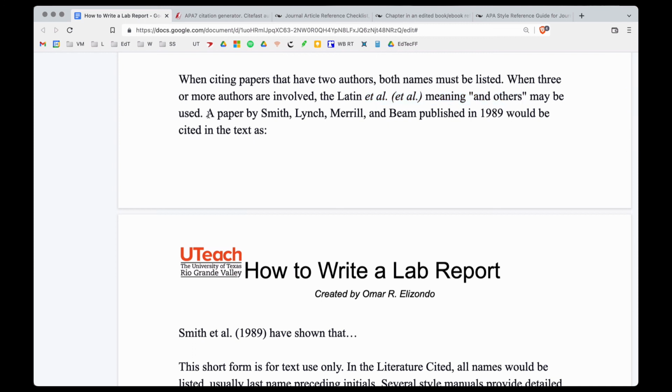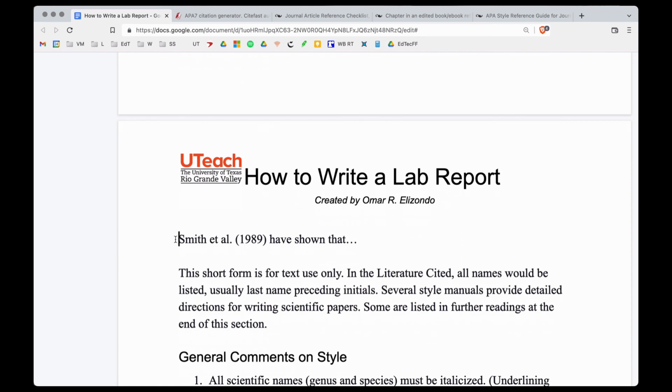So you could say a paper by Smith, Lynch, Merrill, and Beam published in 1989 would be cited as the following. Smith et al. 1989. So you're telling me that there are multiple authors, but I do know the year, 1989. So Smith et al., period, the year, and then you can make the statement. That's the best way to go in regards to referencing in your introduction, okay?